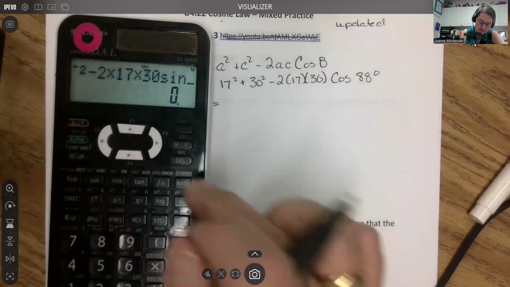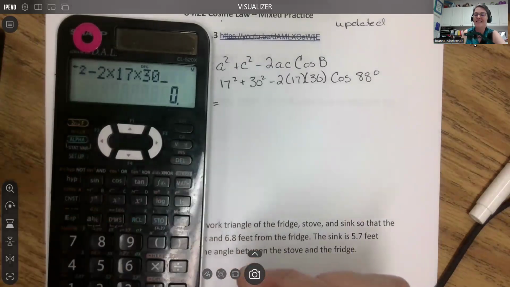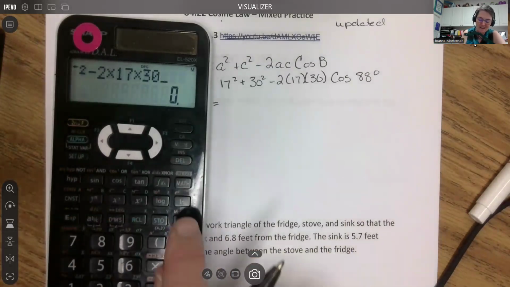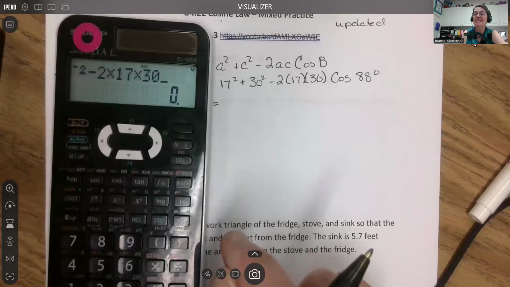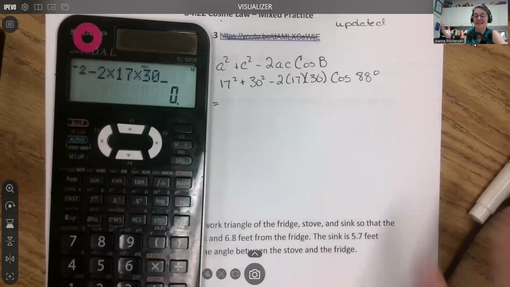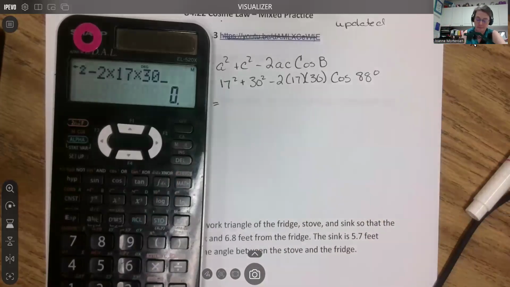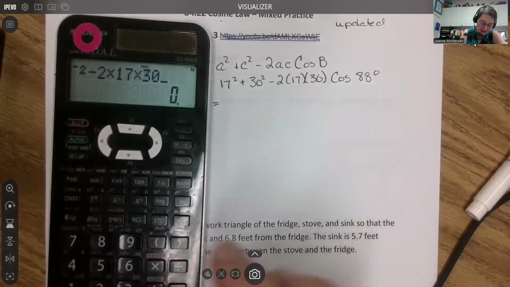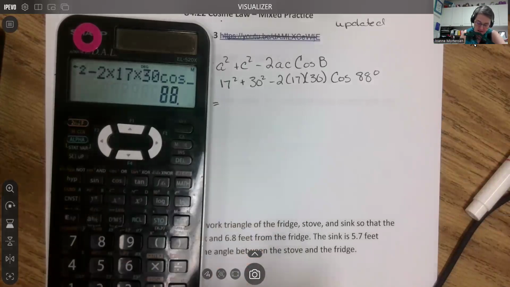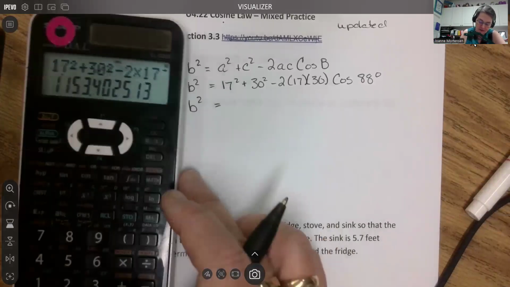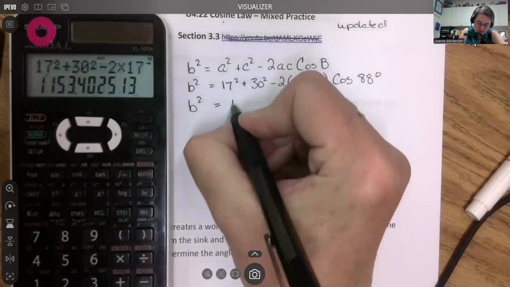I'm embarrassed to say it, I learned about the delete key earlier this year, which is sad because I've been using this calculator for like 10 years. Usually I just start over. Sorry, minus, and then cos 88. Boom.